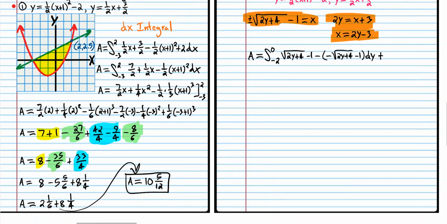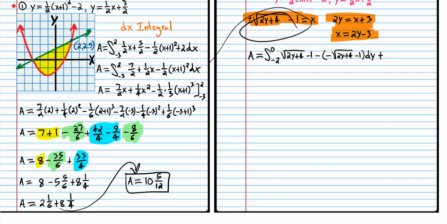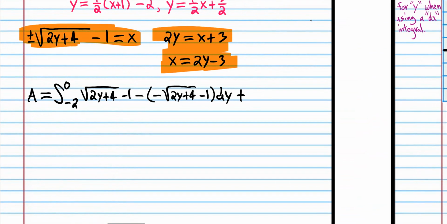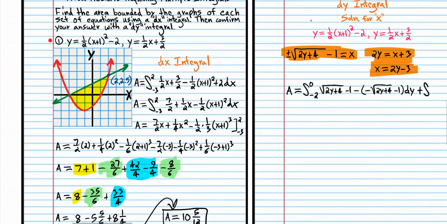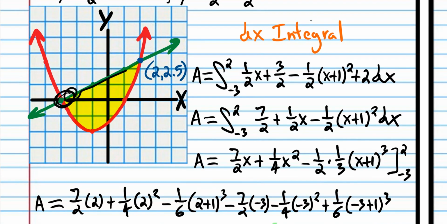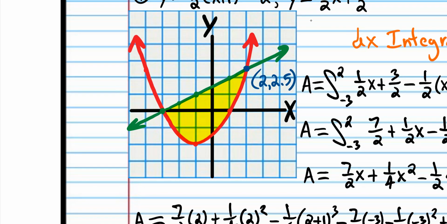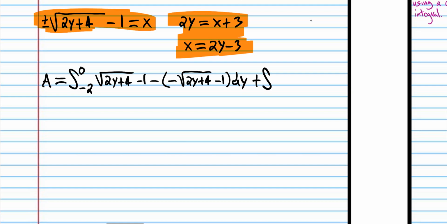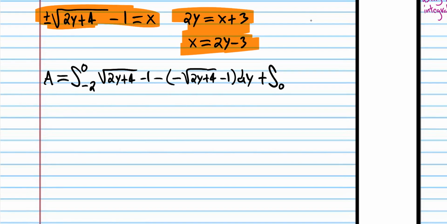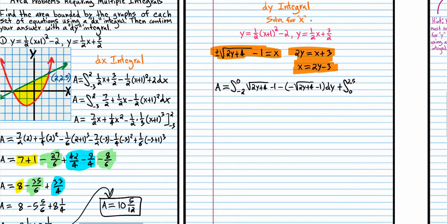So that's going to be, again, the positive root version of this expression, and y is going to go from 0 to 2.5. The limits of integration are y values. Okay, and we're taking the bigger x value and subtracting the smaller x value.